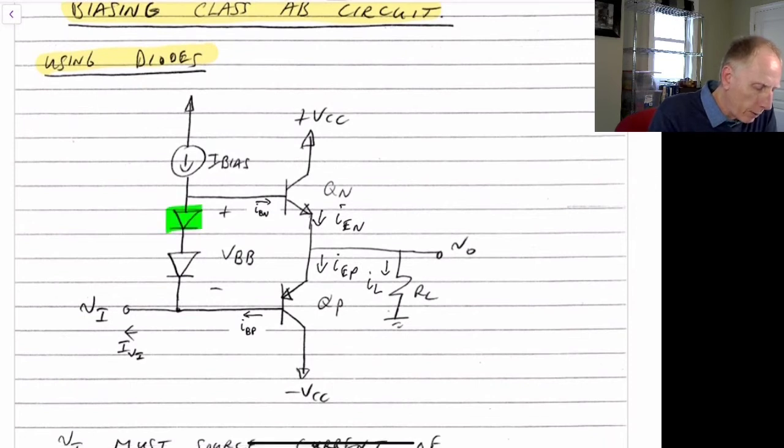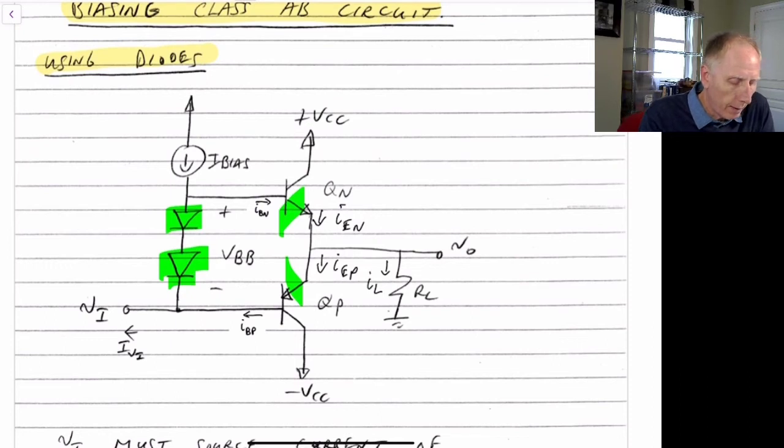So we put a diode here and a diode here, two diodes, because we effectively have a diode here and a diode here for the two transistors: the VBE of the NPN transistor, and the VEB for the PNP transistor.